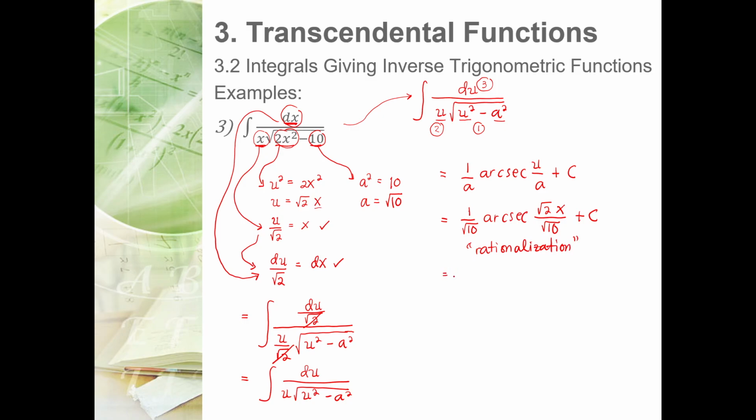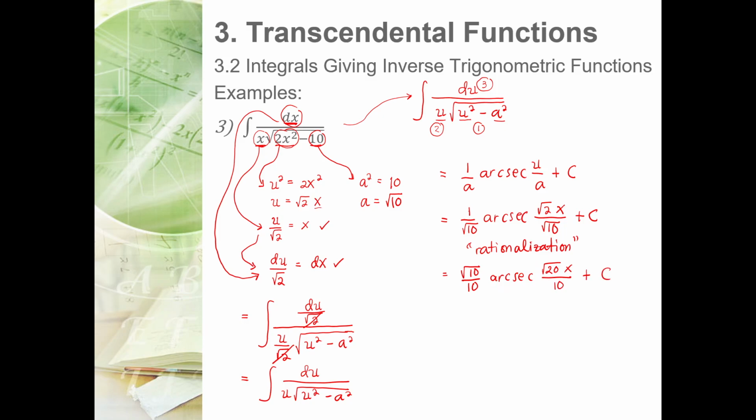You multiply by, so this one becomes square root of 10 all over 10 arc secant. Then this one is square root of 20x all over 10 plus c.